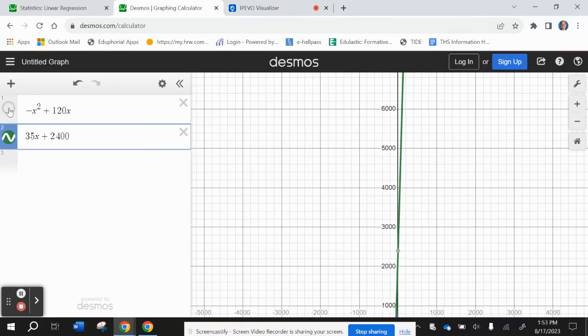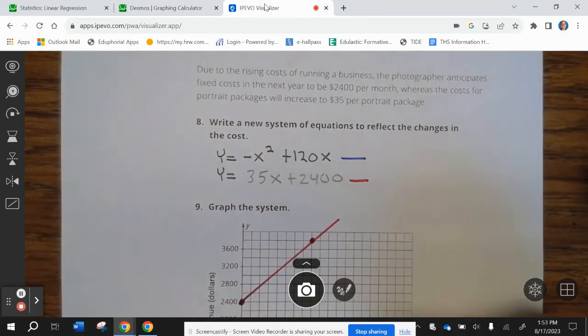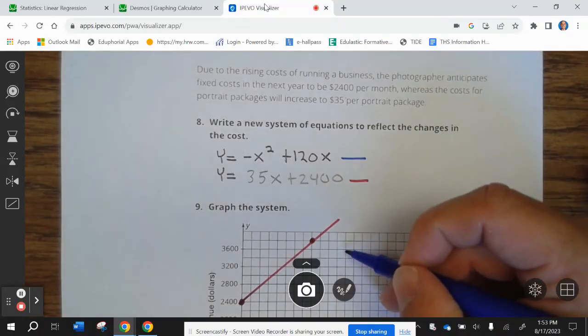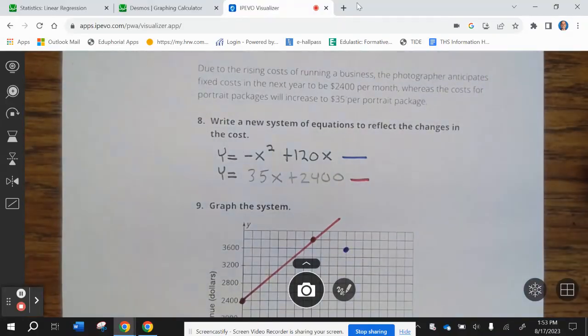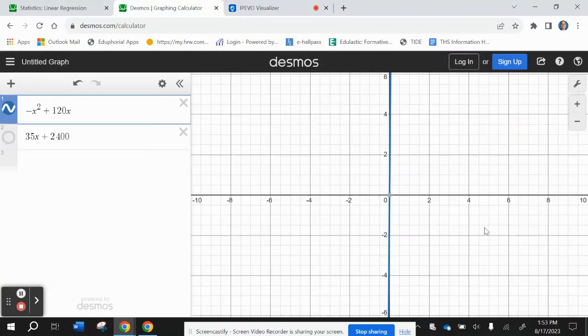And then here, I'm going to select that and then deselect this and then zoom in. 60, 3,600 is a good point. Okay. So 60, 3,600. And then we just need to probably find, let's press home. 0, 0 is a good point.